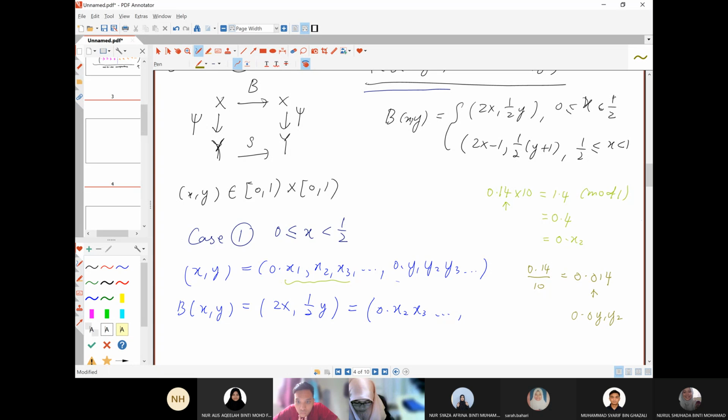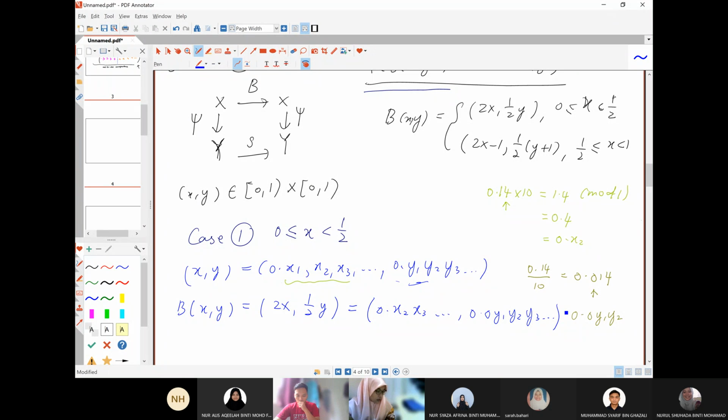Faham tak? Boleh nampak tak? Okay, so now kalau half kita apply darab dengan y ni, kita akan dapat 0.0y1, y2, y3 and so on. Macam kita tambah extra 0 in the first digit lah.